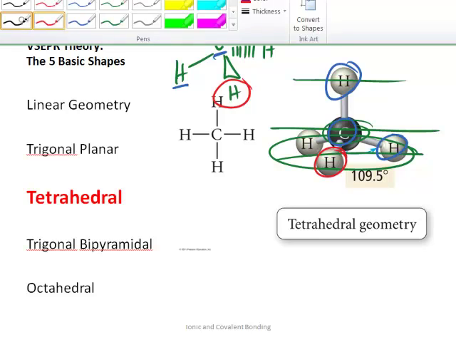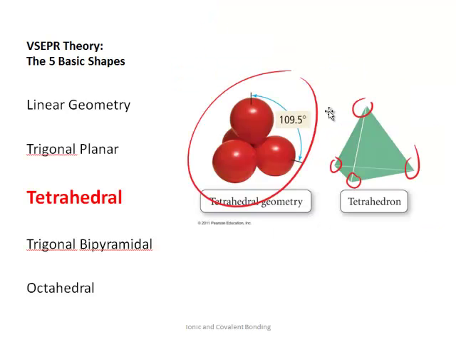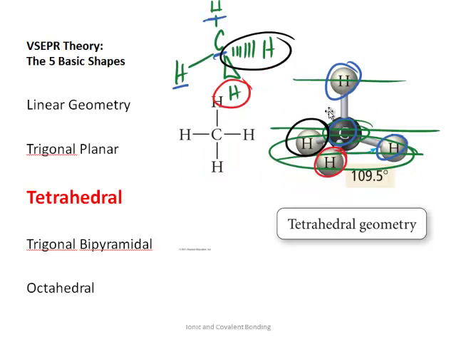And of course, this hydrogen with the dash mark is going away from you, in the back of the board, away from the plane. So that's another way we can show three-dimensional structures in 2 dimensions on paper. So that again is 4 electron groups, tetrahedral geometry.